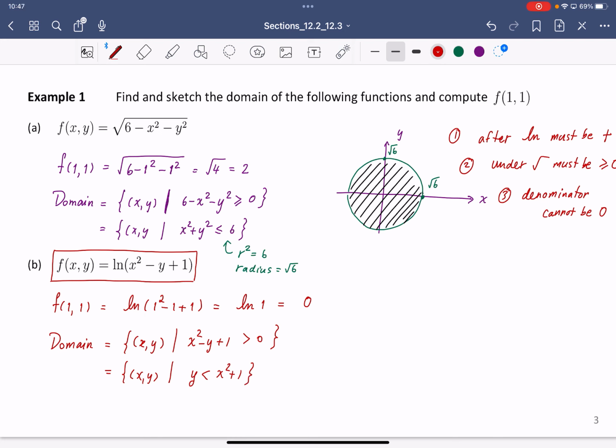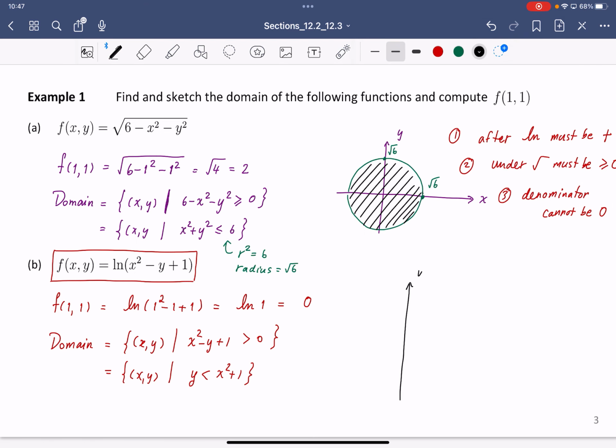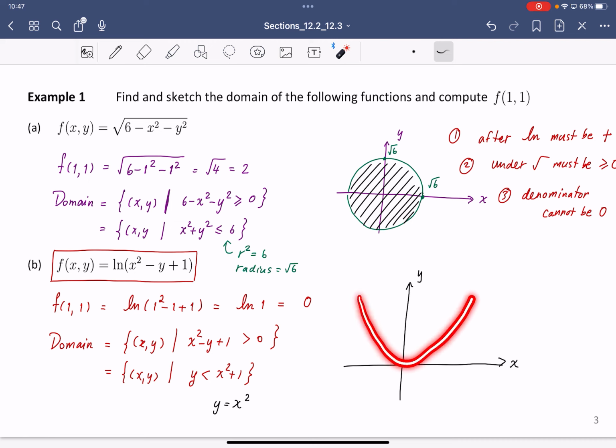So you need to graph y equal to x squared plus 1. The best way to graph this is to graph y equal to x squared first. Because you plus 1 here, it means you shift by 1 unit. So when x equals 0, y is now 1. Remember this. You're going to shift up 1 unit.